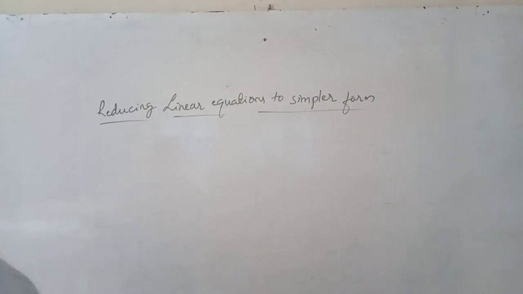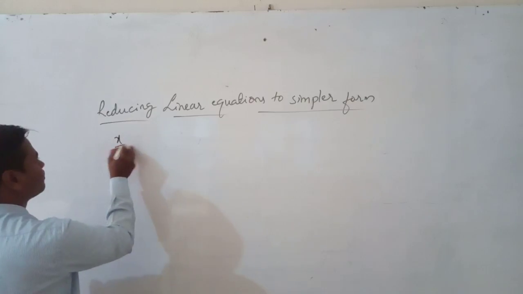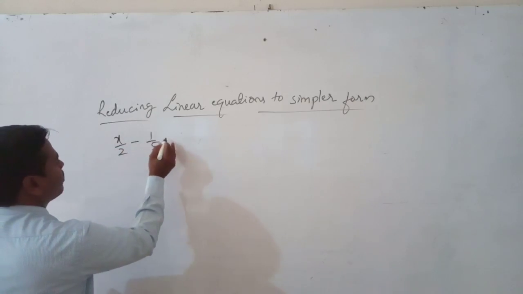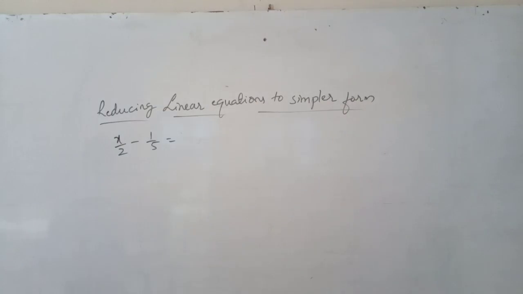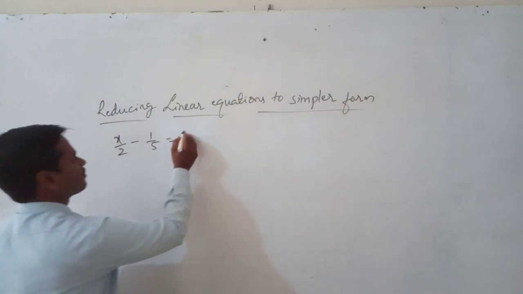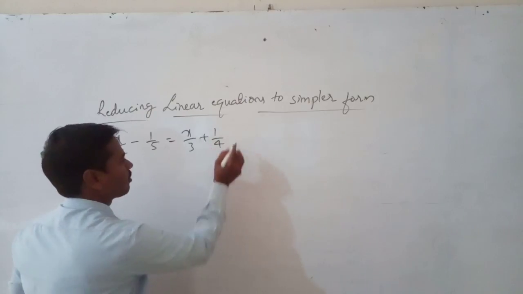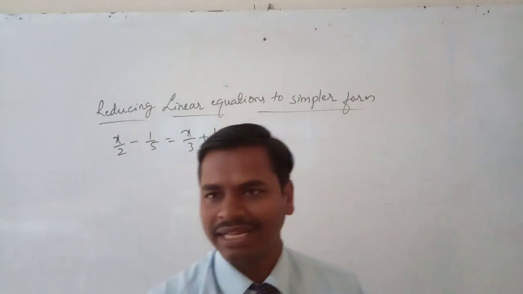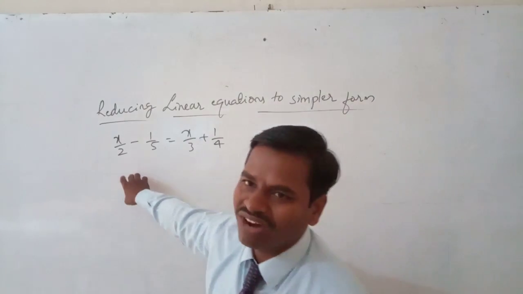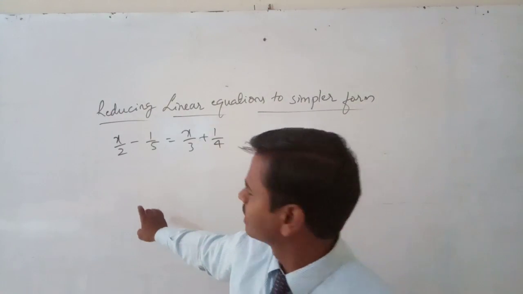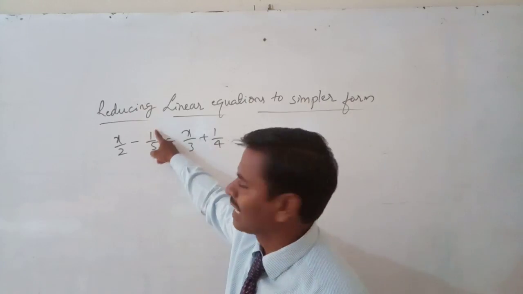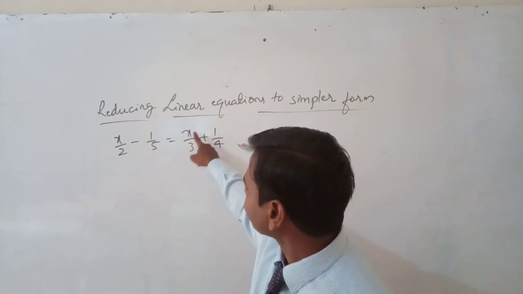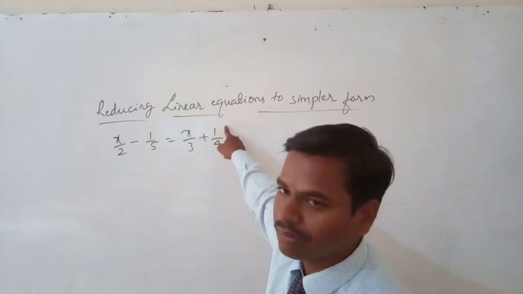Let us see one example here. x by 2 minus 1 by 5 equal to x by 3 plus 1 by 4. Here, there are 4 terms in total, and all are fractions, all are rational numbers. x by 2 is there, minus 1 by 5 is there, x by 3 is here and 1 by 4 is there.